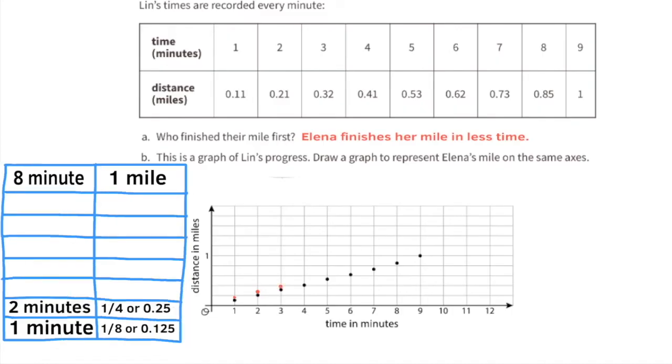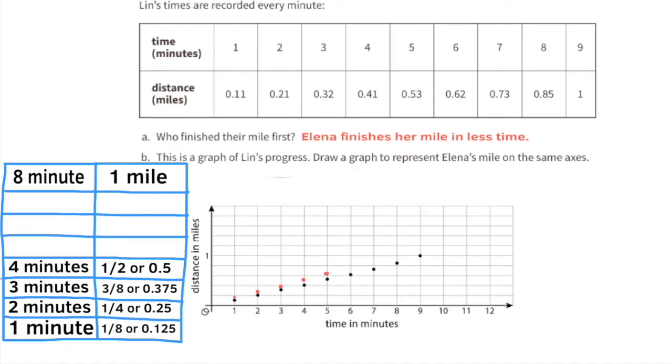1/8 of a mile times 2 equals 1/4 of a mile, or 0.125 times 2 equals 0.25 miles. As I continue to fill in this table, I'm adding 1 minute to the left-hand column, and I'm adding 1/8 of a mile to the right-hand column, or I'm adding 0.125 miles.